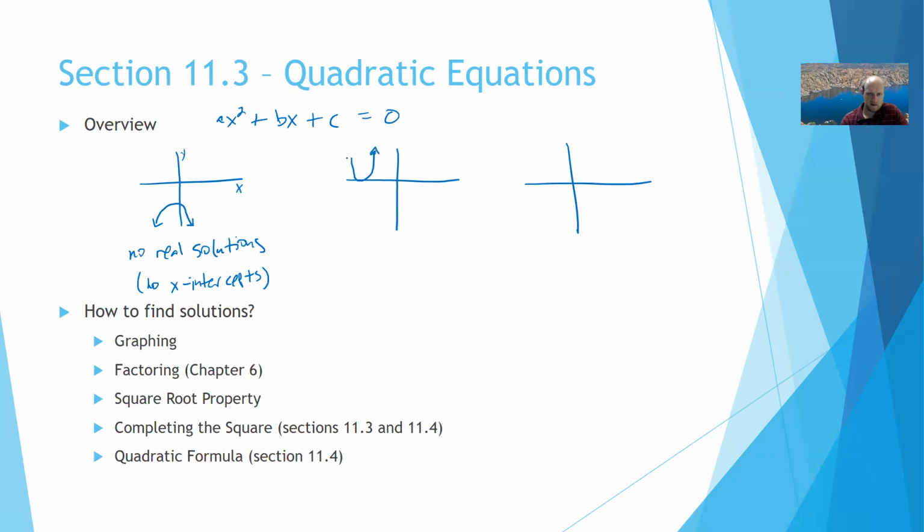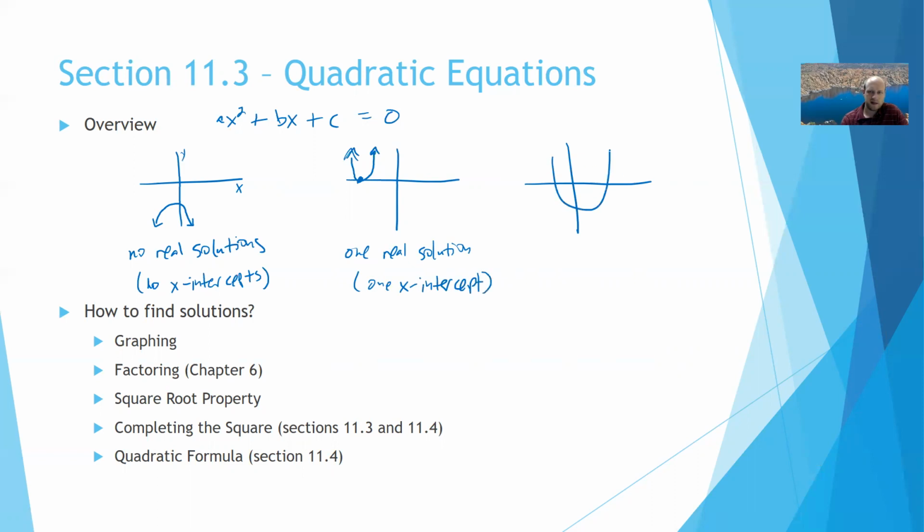Well, what if we had a function like this, something like this, where it touches at one point? Well, this is going to have one real solution, and that's because it has one x-intercept.